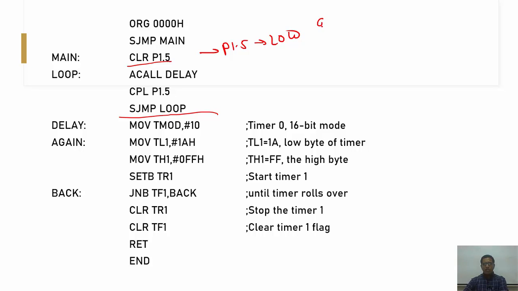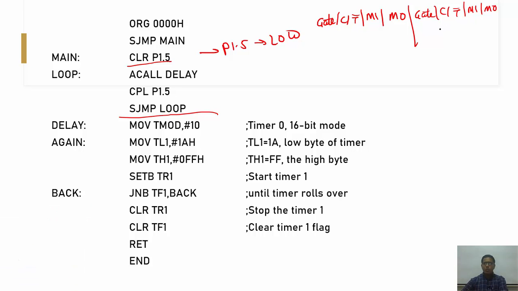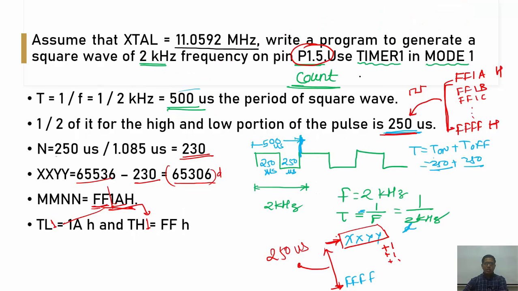We know the TMOD register has GATE, C/T bar, M1 and M0 for each timer. As we are not utilizing timer 0, I am going to keep the lower 8 bits as 0, because in our program we have to use timer 1 in mode 1.